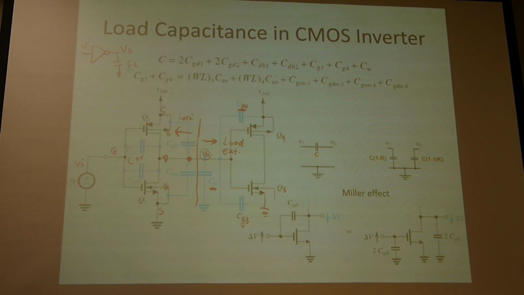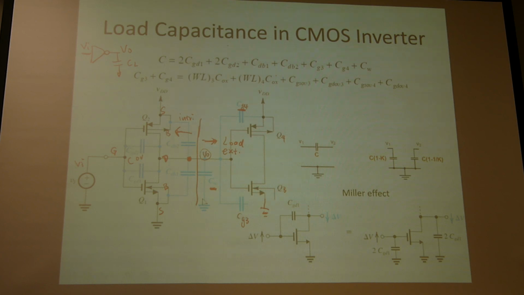So if you draw the equivalent circuit eventually, this inverter is driving this node capacitance CL, which is the sum of all the capacitance components here. You have all the capacitance attached to this output node. That will be your total CL. So here we will skip the details, and I don't require in this class how to calculate the detailed capacitance.